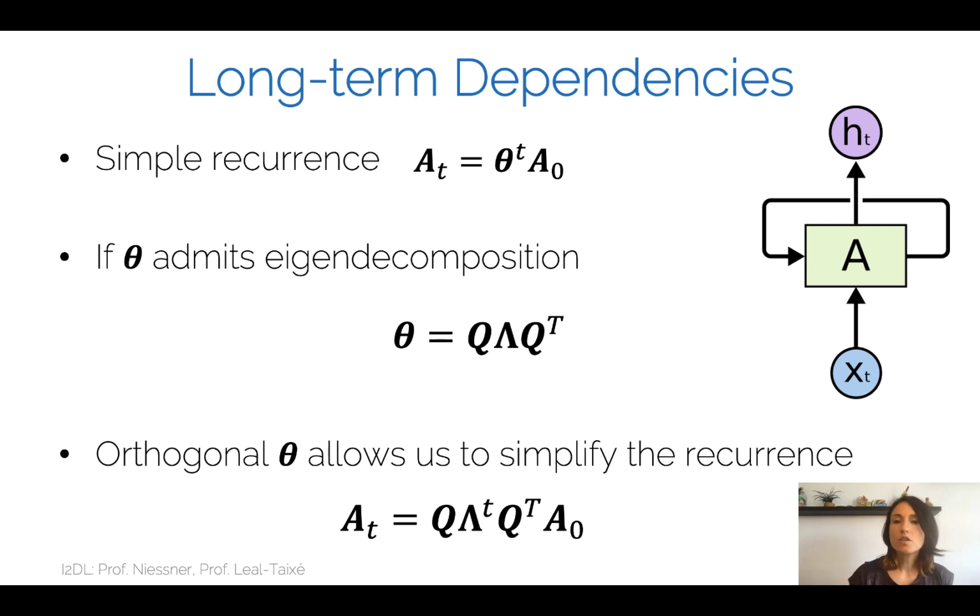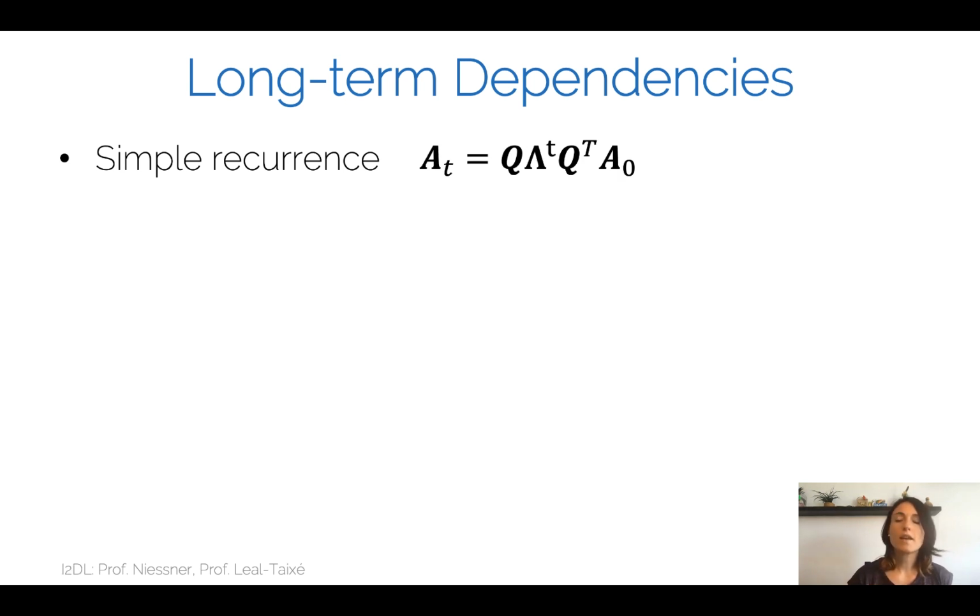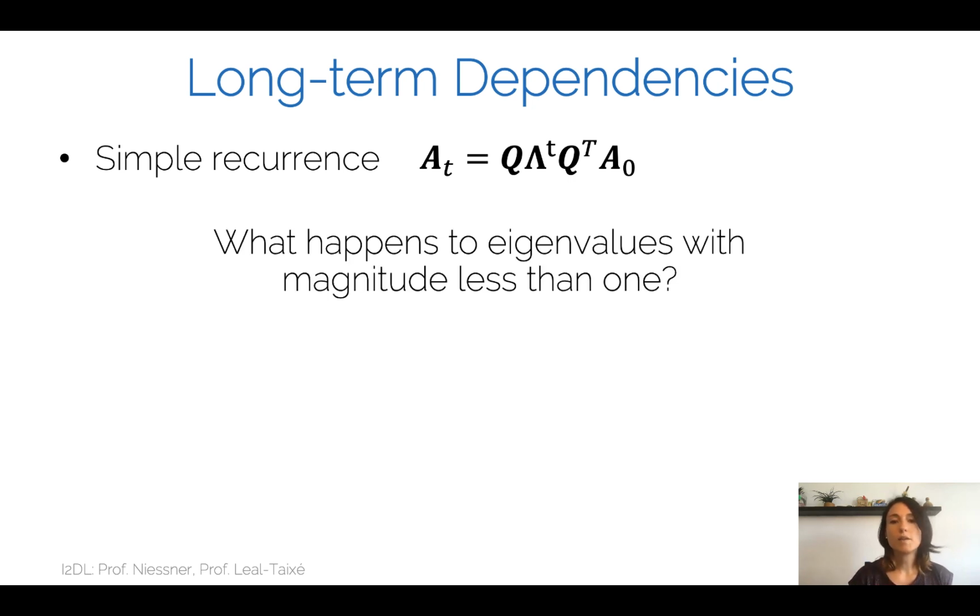And this is going to be key because once we analyze the recurrence with the eigendecomposition, we can now establish that the eigenvalues are the ones that are present in this diagonal matrix, and therefore these are the ones that have the power of t.